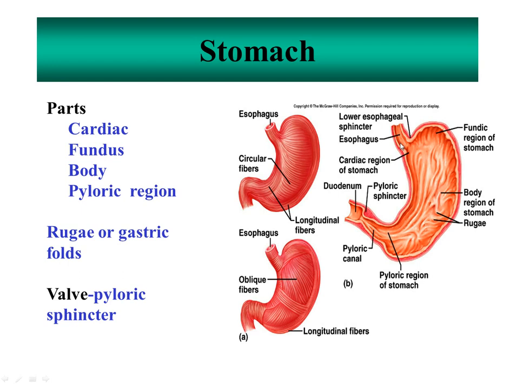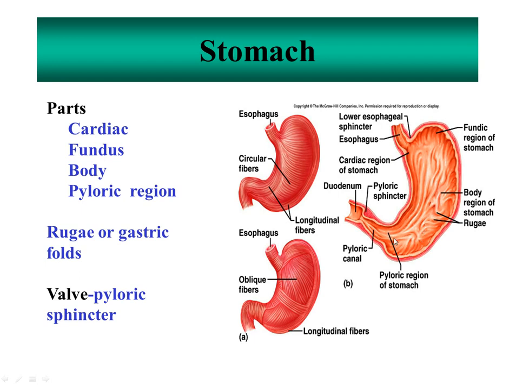We just talked about that in part 1, and that would cause burning in the esophagus, often referred to as heartburn. The rugae are the gastric folds. Don't forget to look at the models so you can identify these parts on the model as well.